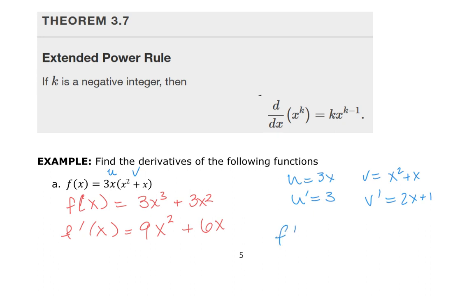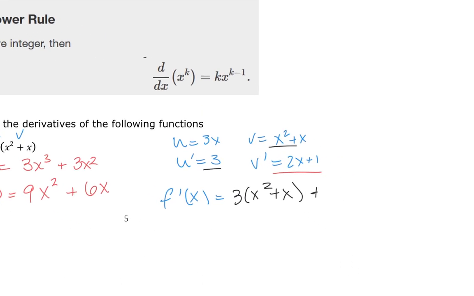So f prime of x is equal to u prime, which is 3, multiplied by v, which is x squared plus x, plus v prime, which is 2x plus 1, multiplied by u, which is 3x.